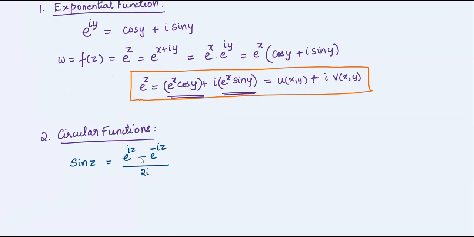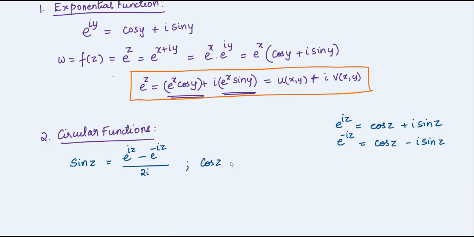You can see this when you do e power iz. e power iz will be cos z plus i sin z, and e power minus iz will be cos z minus i sin z. So when we subtract the two, cos z cancels, you will get 2i sin z. So from there you will get this.